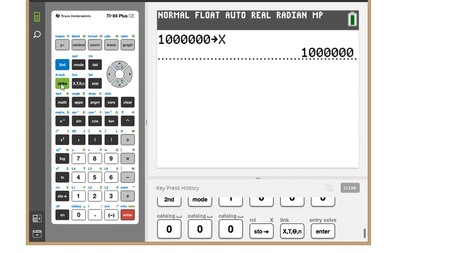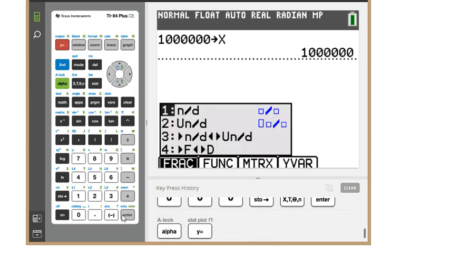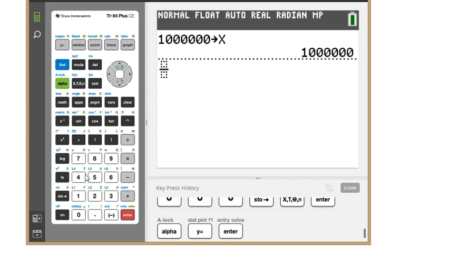So now we can just go to our expression and enter 3x cubed minus 2x plus 3.